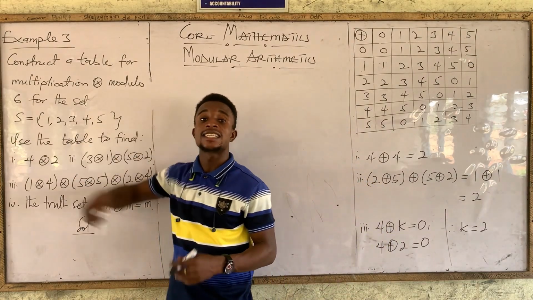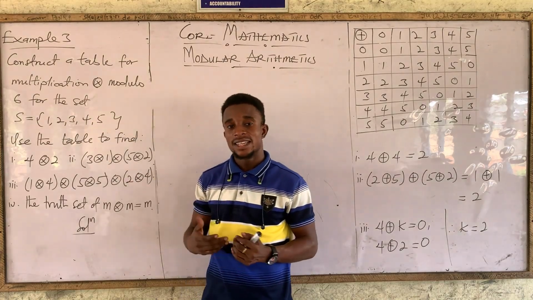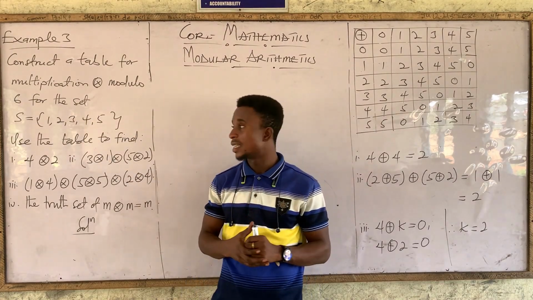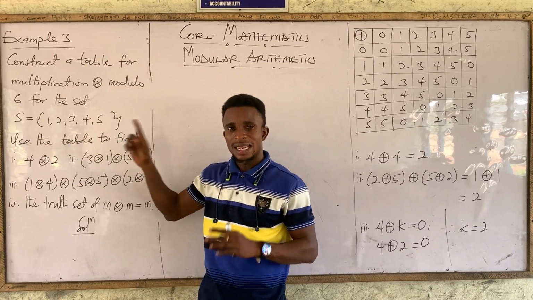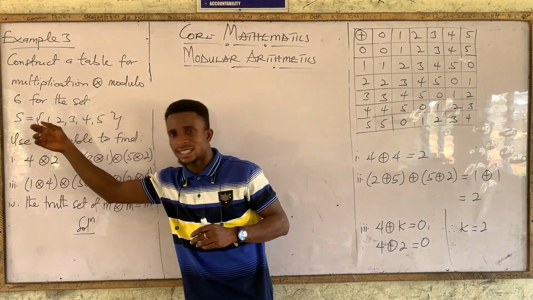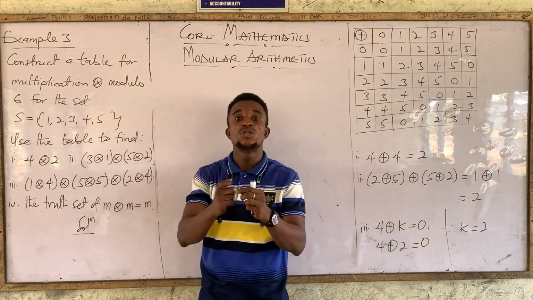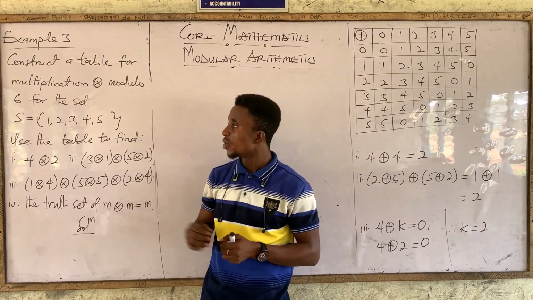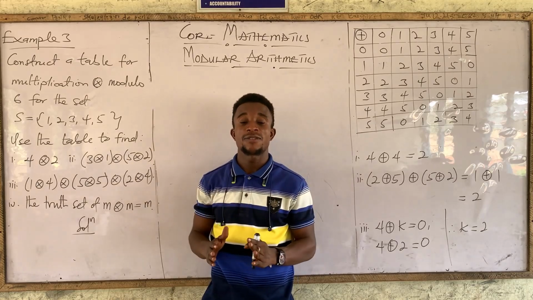They've chosen the set you are to use. The possible remainders for modulo 6 start from 0 to 5, but now they are giving you this set from the remainders. They've picked these remainders for you to use in constructing the table. So if you see the question, you can't just start from 0 to 5.